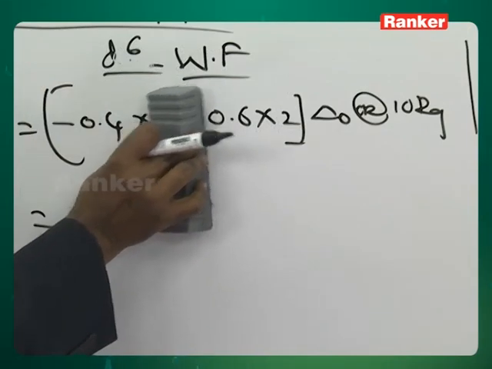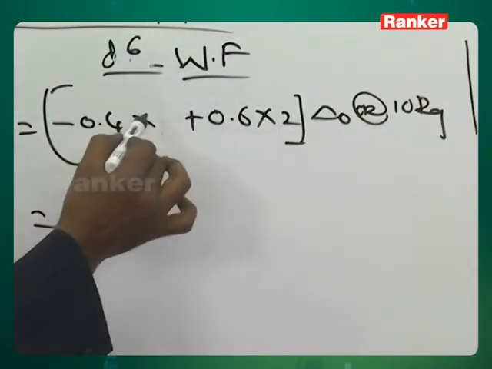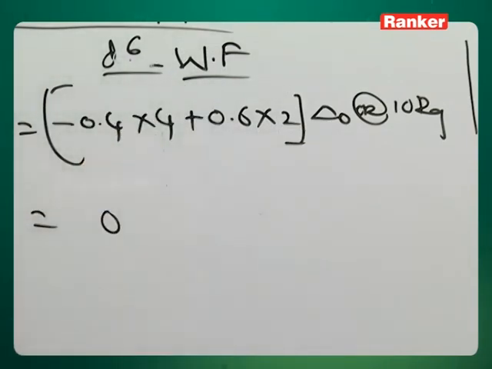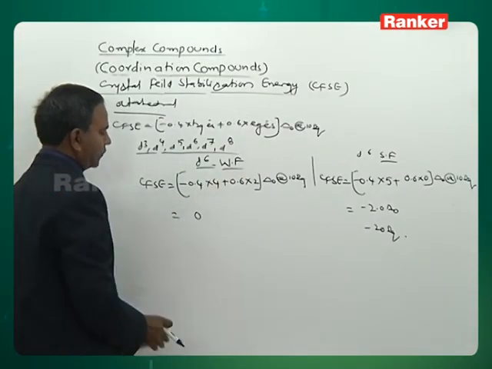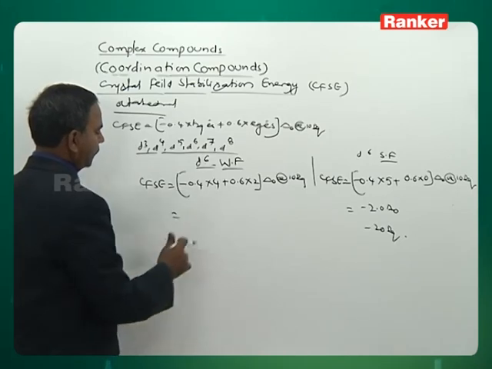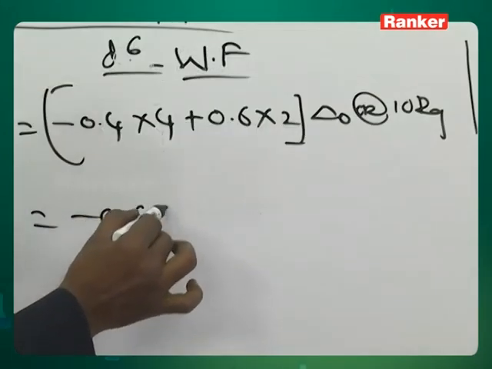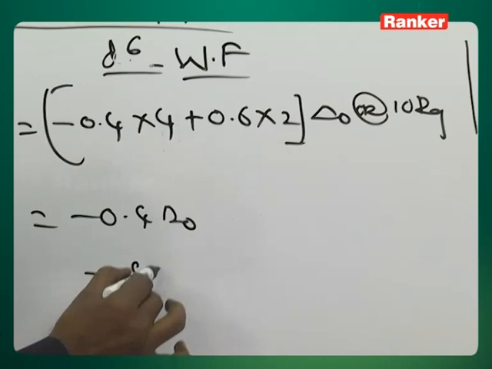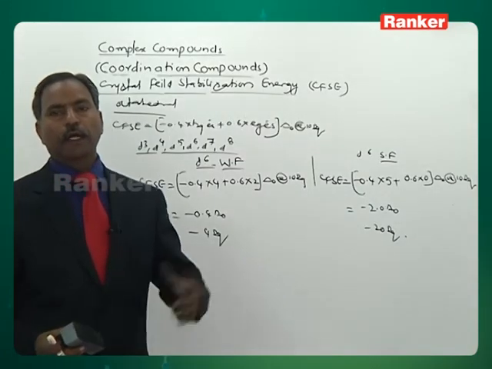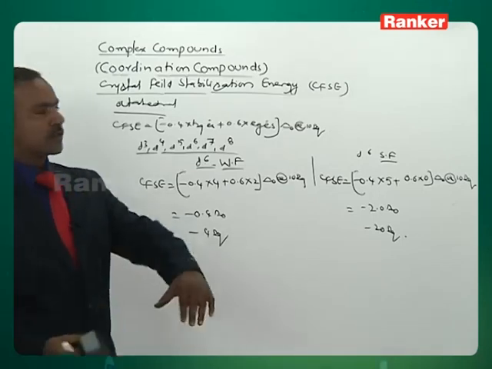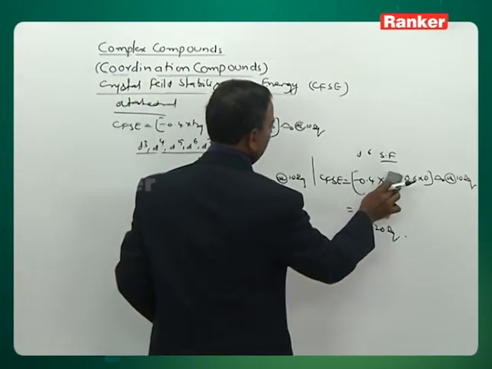Therefore, it is t2g4 and eg2. Then it is 16 minus 12, which comes to be minus 0.4 delta O, or minus 4 Dq. Come to the strong field. All the 6 electrons are getting paired in the lower energy level. Check it.